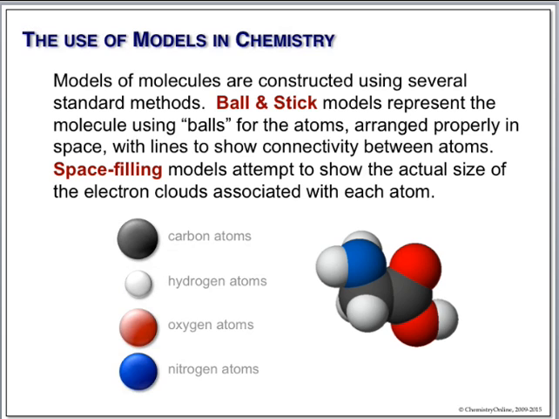When we do molecular models, there's a convention. Carbon is typically black, gray, something like that. Hydrogen is almost always white. Oxygen is almost always red. And nitrogen will be blue.